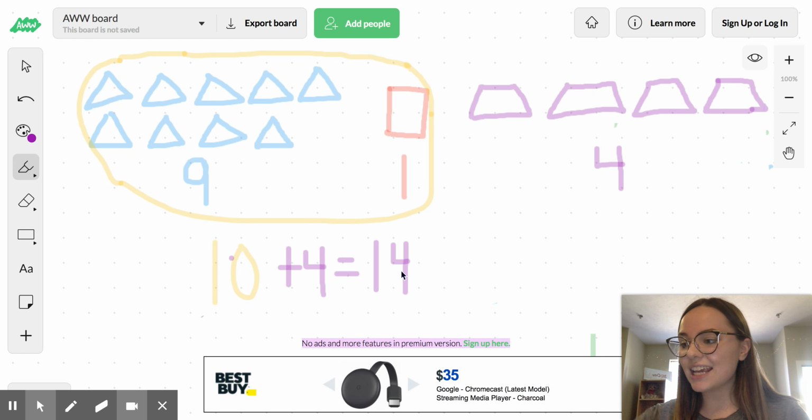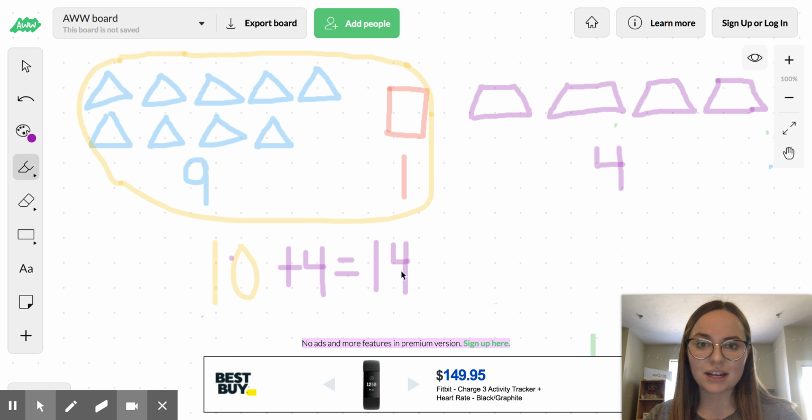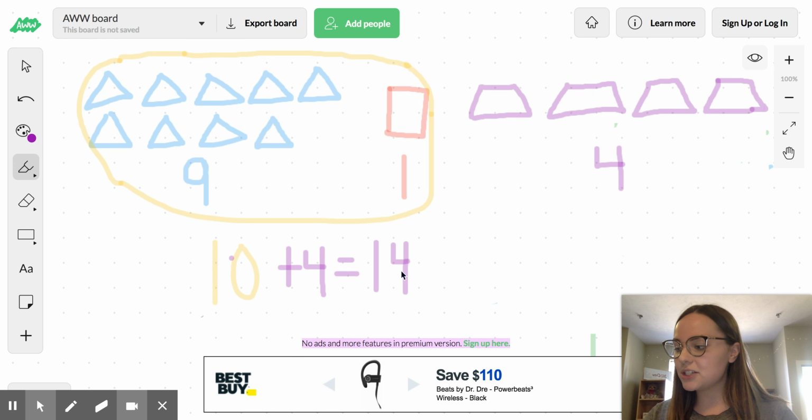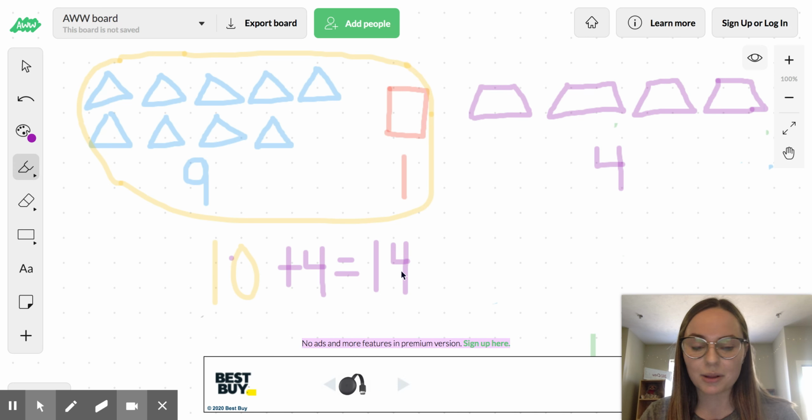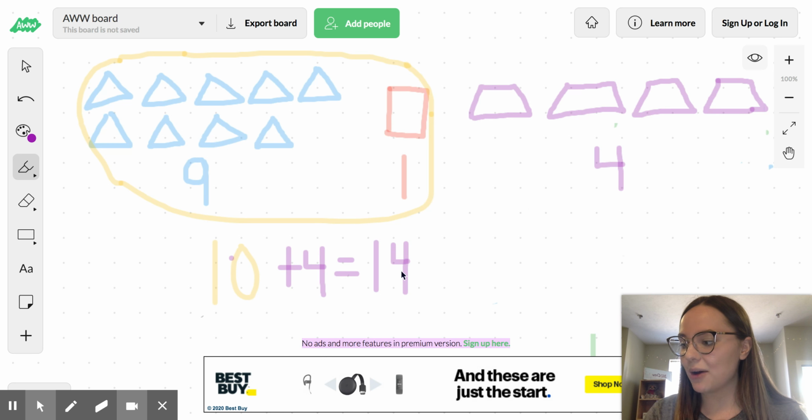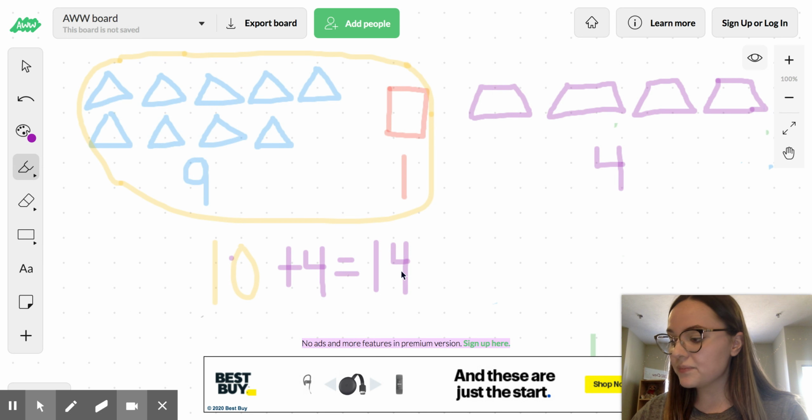And in today's problem set that I have for you in your packet, you are going to do the same thing. So the first problem, if you're looking at it now, has apples, bananas, and pears. And they showed you, just like I did, they circled one group to make 10. So in the next problem, in number 2, I want you to draw the 4 dolls, the 7 balls, and 3 games. And you can just use shapes for this.